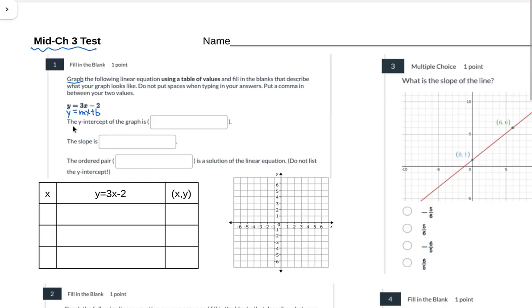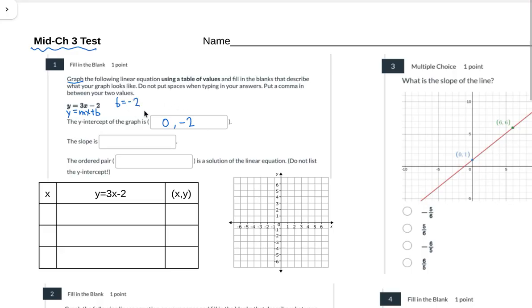The first question says, the y-intercept of the graph is, well, the y-intercept is b, so b equals -2. If I were to write it as an ordered pair, do you see the parentheses here on the outside? I would write that as (0, -2). All right.